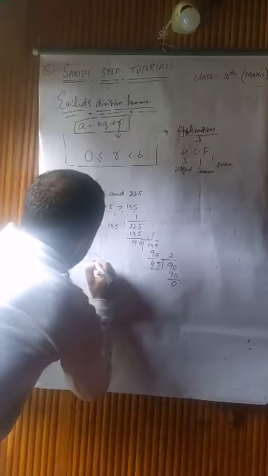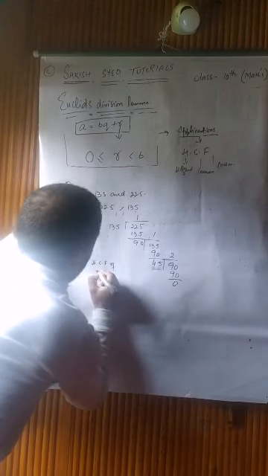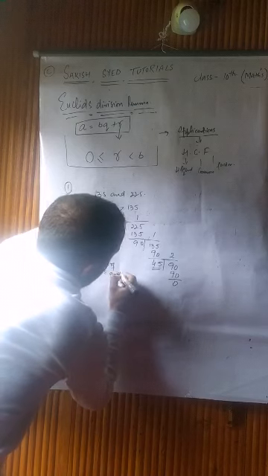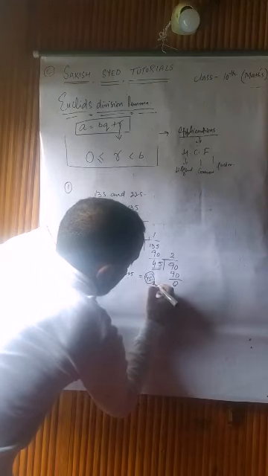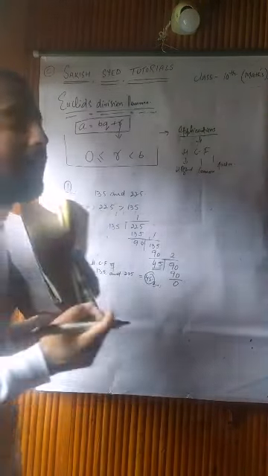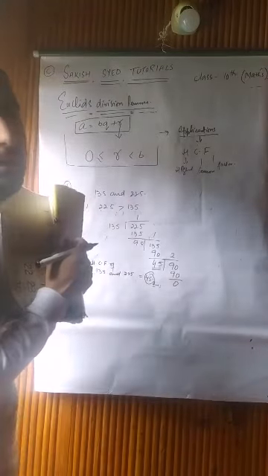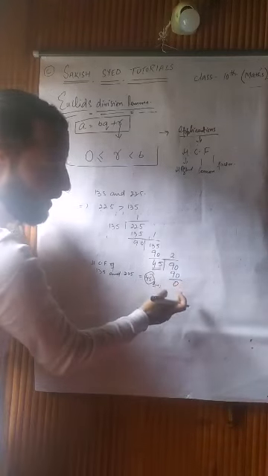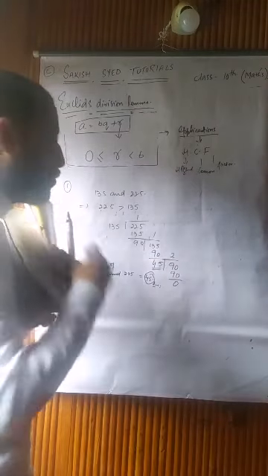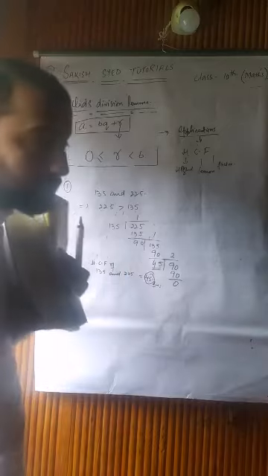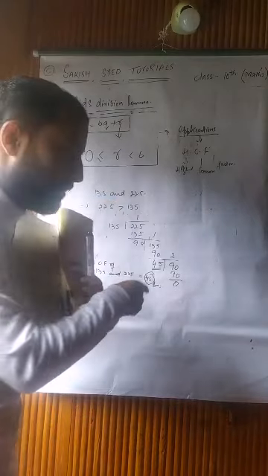So here the HCF of 135 and 225 is equal to 45. Why? Because when I carried on Euclid's division lemma, at the final step where I got 0, the divisor at that step was 45. Hence the HCF of 135 and 225 is 45.